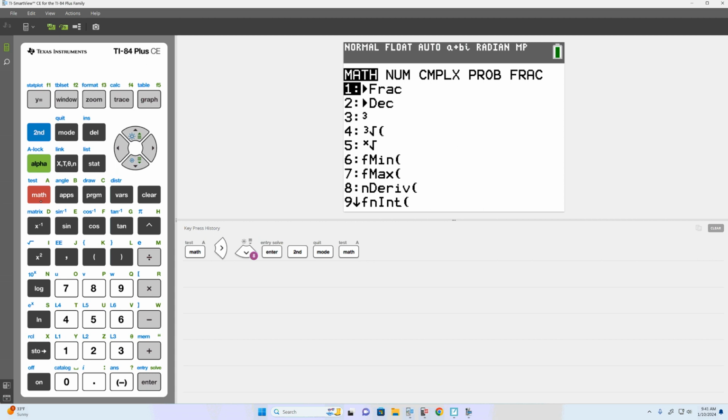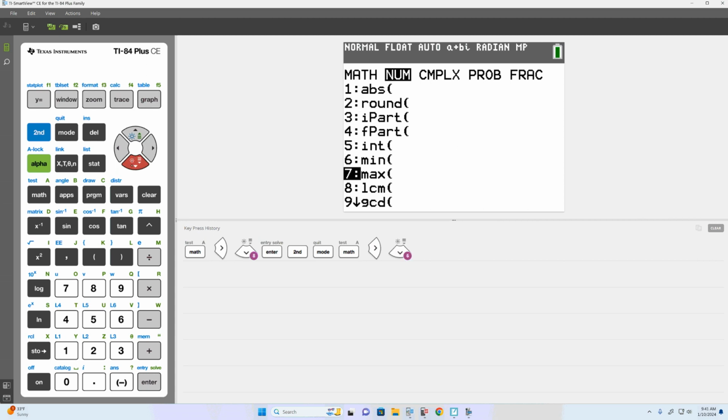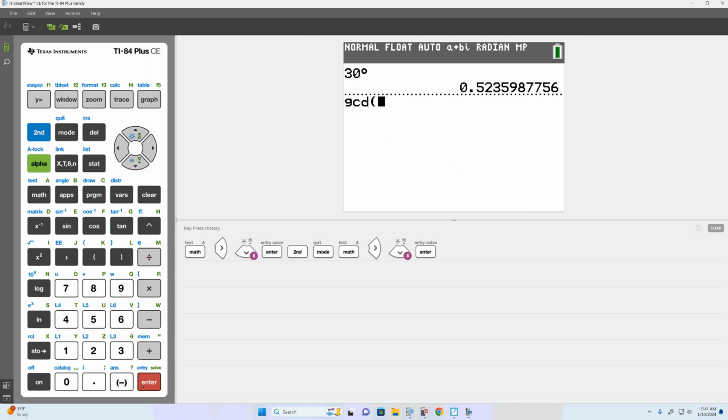Greatest common denominator, greatest common factor. Now we can type in 224, comma, 56. And the calculator will actually find the greatest common factor between these two terms. And if we hit enter, it actually tells us it is 56. So it'll do it for us if we need.